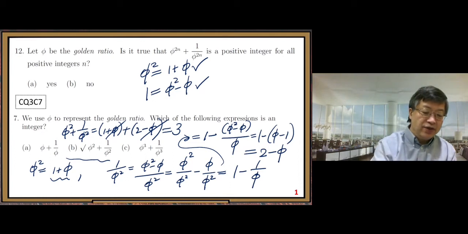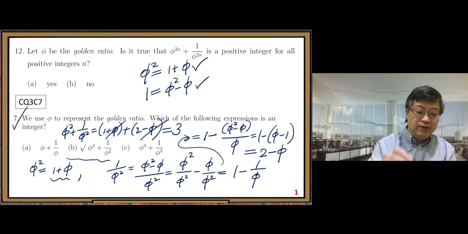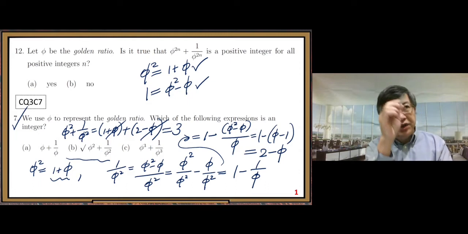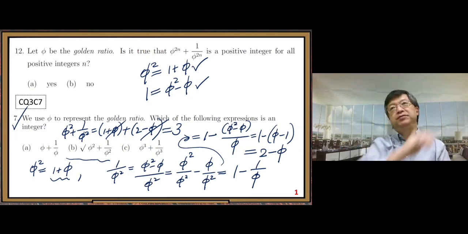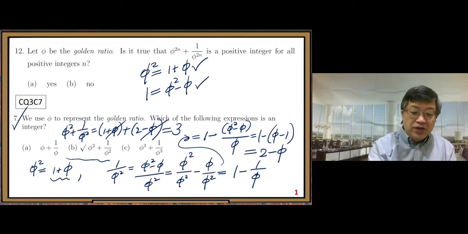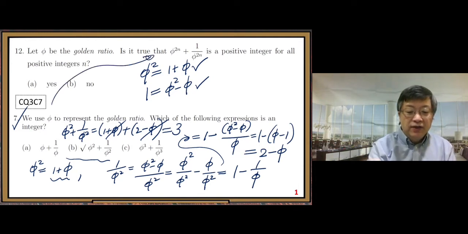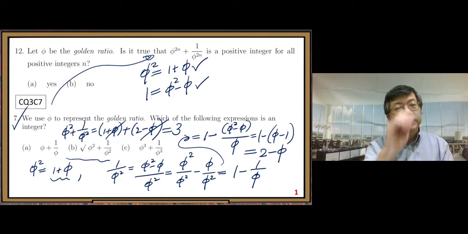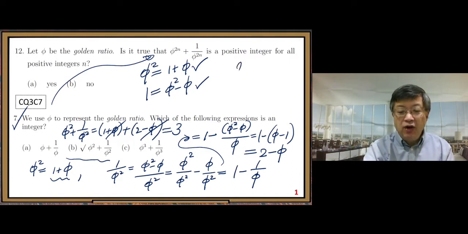So for this question, we prove B option is an integer. But this question is a special case of our current homework question, because that's the case for n equals 1.